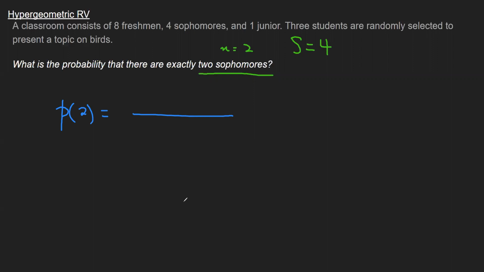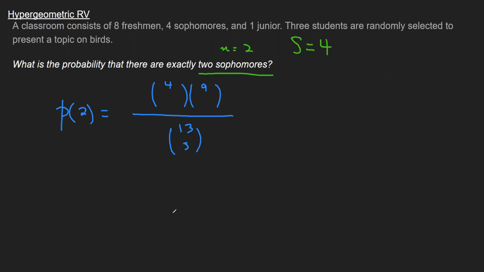Since I haven't changed the scenario, I have the same classroom, the same experiment, picking 3 students, then my denominator is still 13 total, choosing 3. But in the particular setup, I've got 4 sophomores now total, and that means I have 9 other students that aren't sophomores. And again, I don't really care about the particular breakdown. I'm just looking at my contents of my classroom into sophomores and non-sophomores. And then again, the question will dictate, well, how many of each do we want?